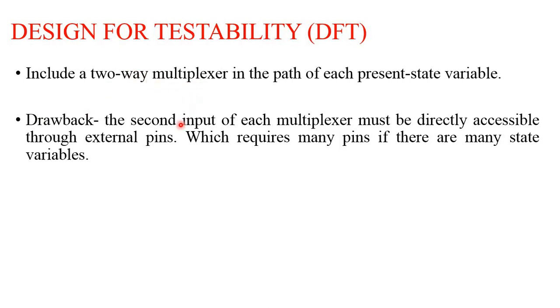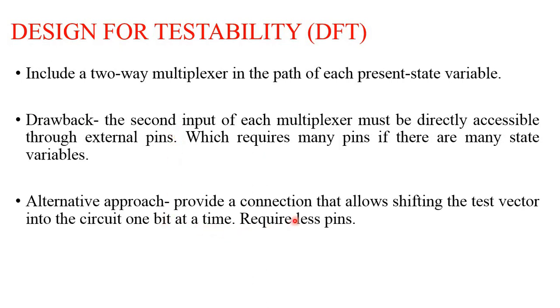To overcome that, one alternative method is shifting the test vector into the circuit one bit at a time. If we shift the test vector into the circuit one bit at a time, it requires fewer pins. First you check the first bit, it is shifted, and then you take the next one.